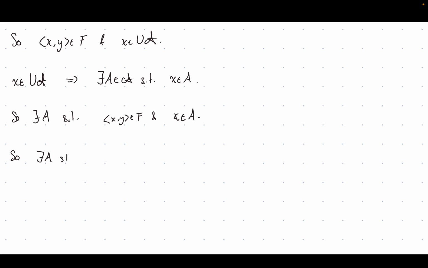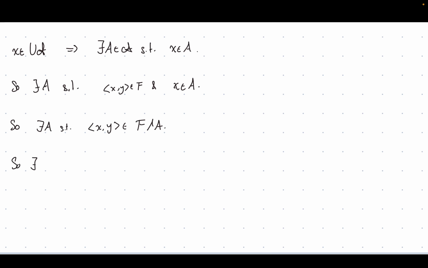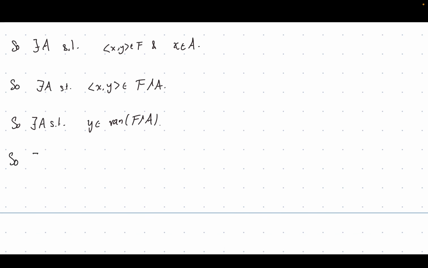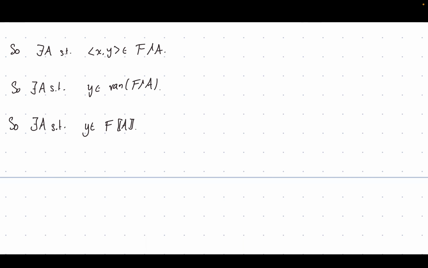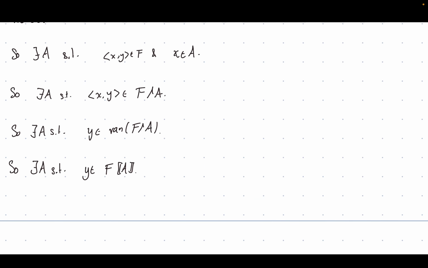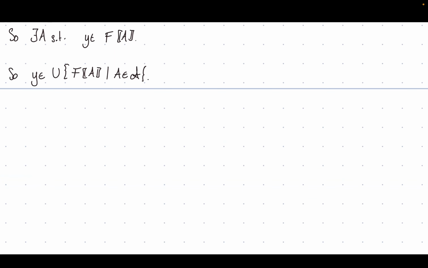So there exists some A such that x, y is in f restricted to A. And so there exists some A such that y is in the range of f restricted to A. So there exists some A such that y is in the image of f under A. So y must be in the union of the images of f under A such that A is in script A. Alright, so there we have it.